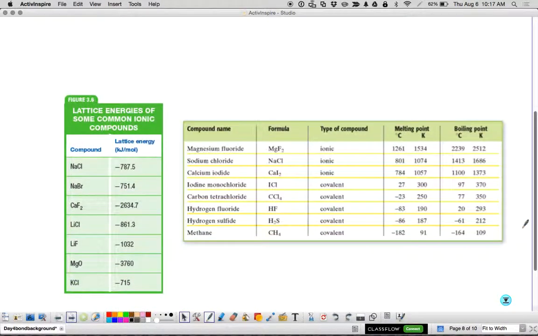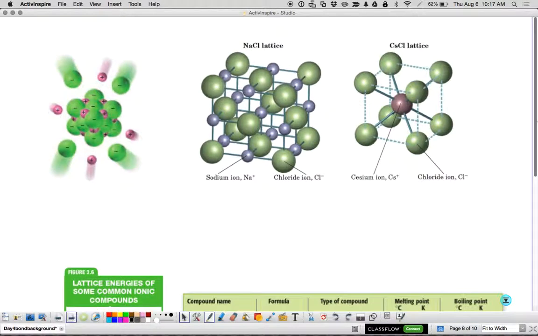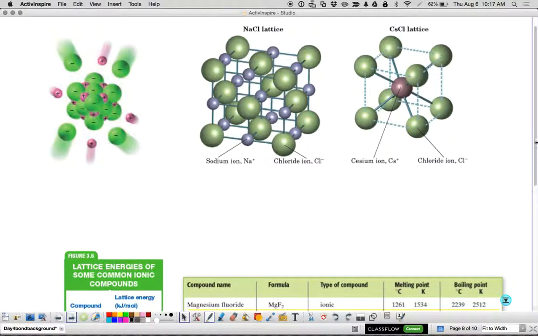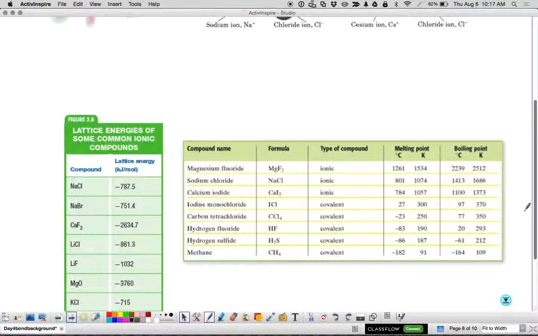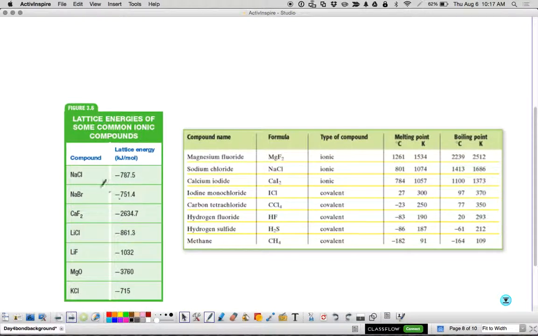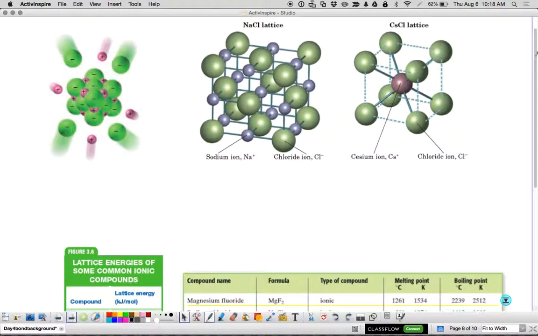So the way that the strength of ionic compounds is measured is lattice energies. And lattice energy is just defined as the amount of energy that's released when 1 mole of crystal lattice forms.